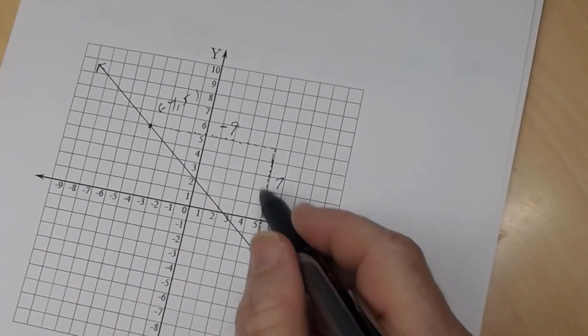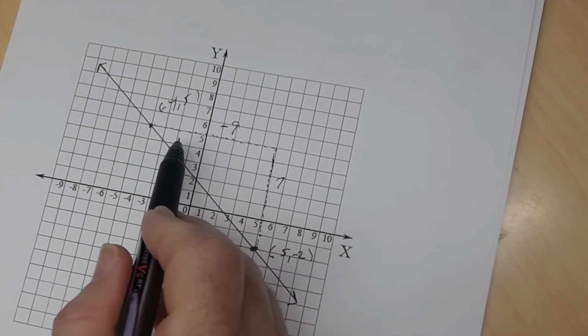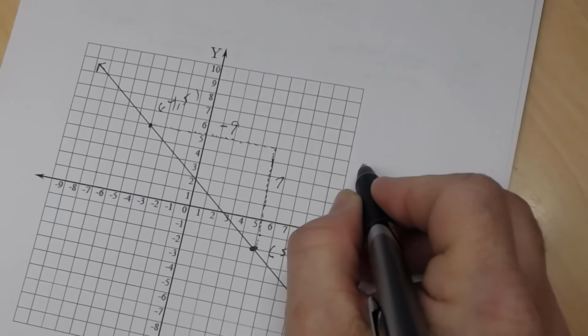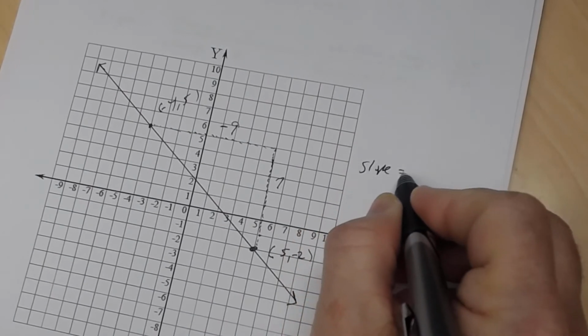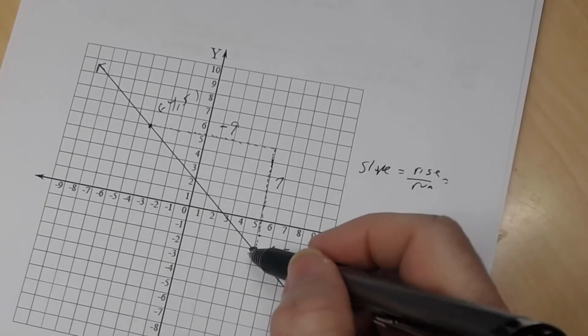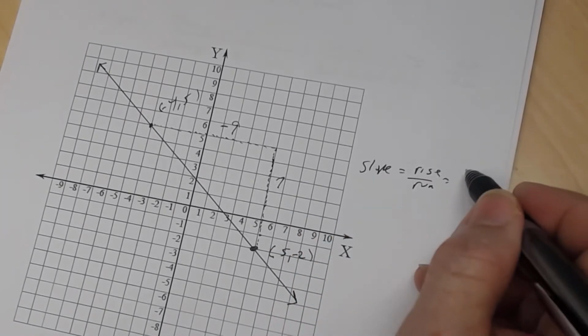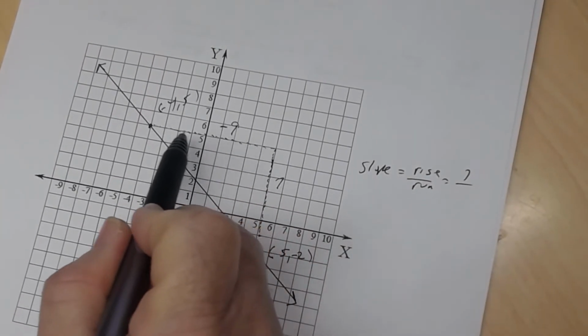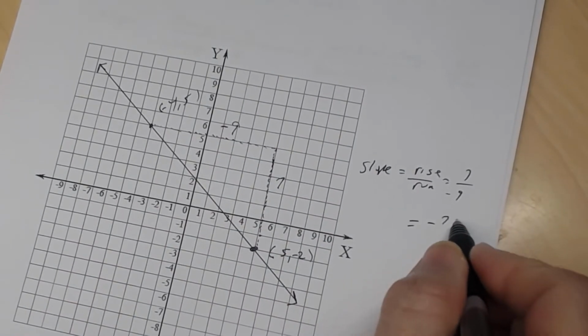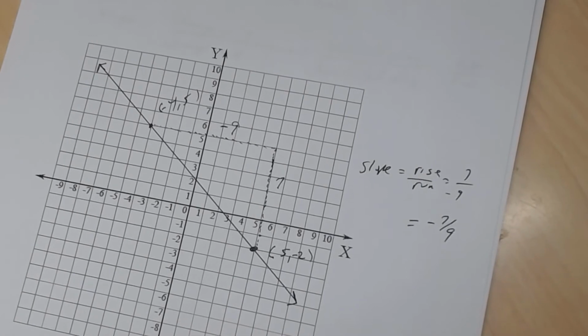So I went up 7 units, and I went to the left 9 units, but when I go to the left, that's a negative 9. That means that the slope, which is rise over run, my rise is positive 7, and my run is negative 9. So my slope is a negative 7/9.